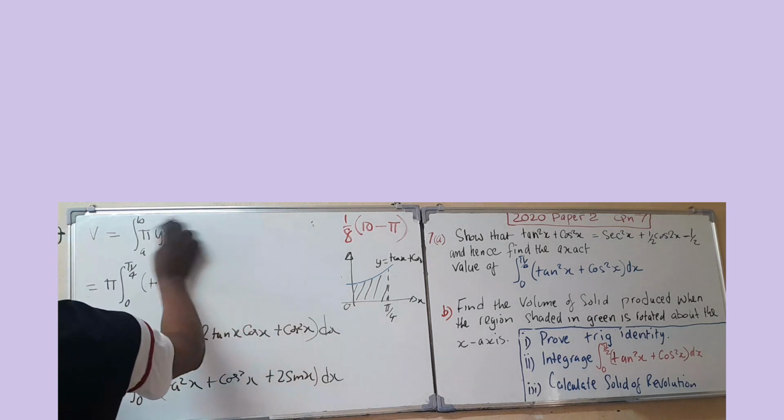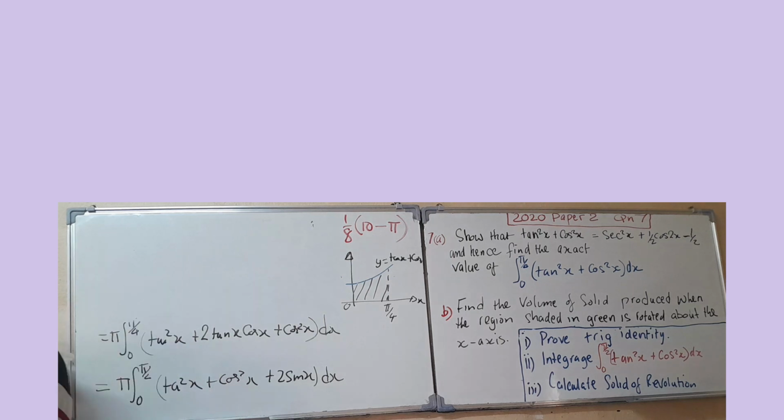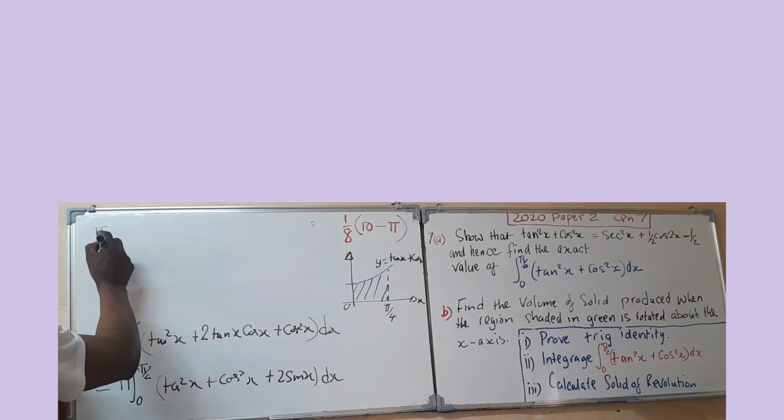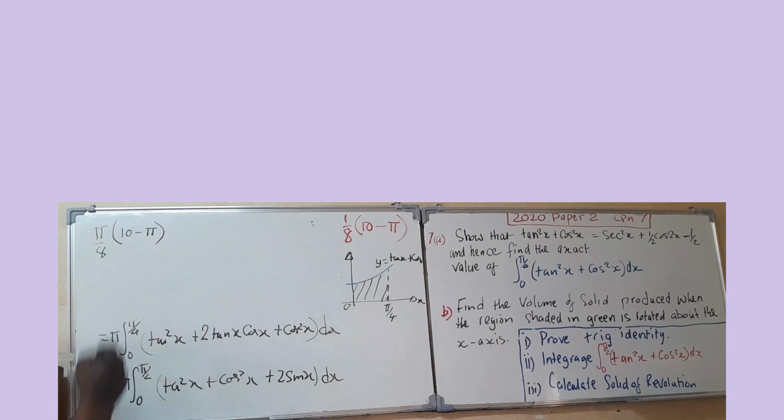So let's do that and see what happens. We now have pi multiplied by this one here, which is pi over 8, isn't it? Pi over 8, 10 minus pi. Let's just check that we did the right thing.